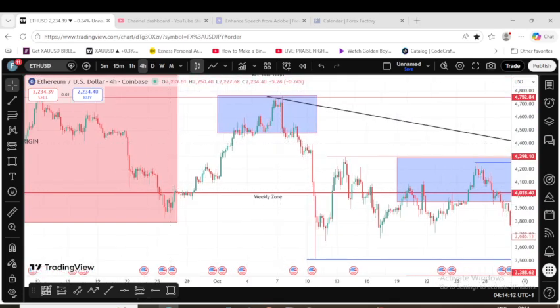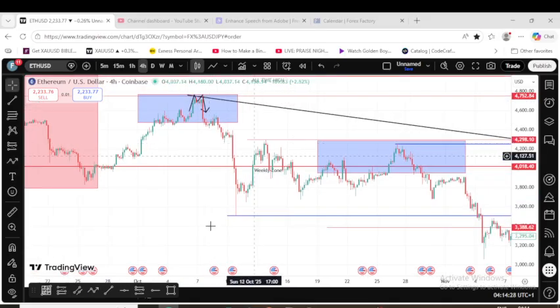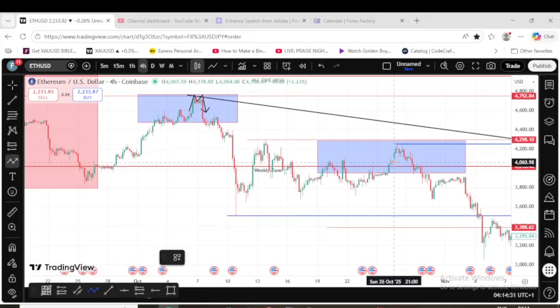We have an M pattern here. Similarly, we have another M pattern here, but it's actually a much smaller M pattern. But it also contains a bearish engulfing candlestick.